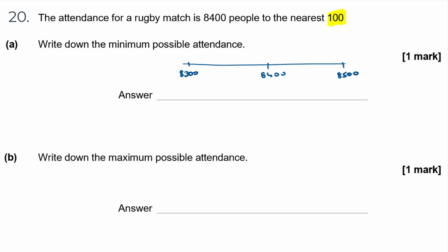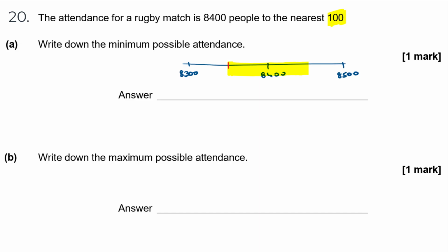Okay, so if we were rounding to 8,400 to the nearest 100, we would be rounding from halfway between or closer. So it's this range of values, isn't it? So if you're halfway between those numbers or closer to 8,400, you're going to round to 8,400.